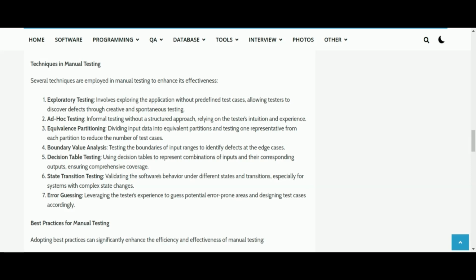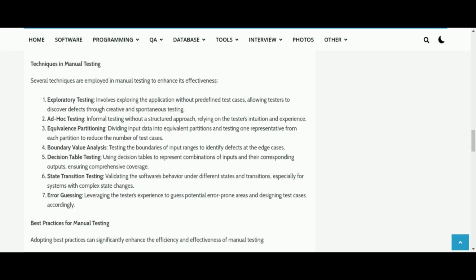Okay, so what is the definition of decision table testing? Using a decision table, representing complex business logic in tabular format. This is the decision table. And what is state transition?